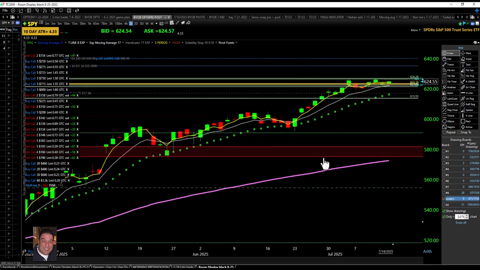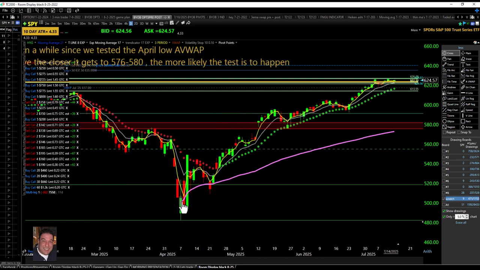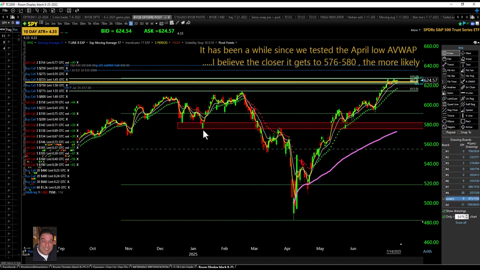Now, could price consolidate up here? It's very possible that price consolidates between 624 and 600. I doubt it, but there is a possibility. Notice this. This is the dip low anchored VWAP is pulling into.